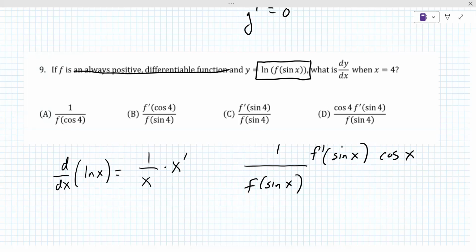But they're asking you to evaluate it at 4, so you're not quite done. You have to then put 4 in for x. So which would be the correct answer after you do that?